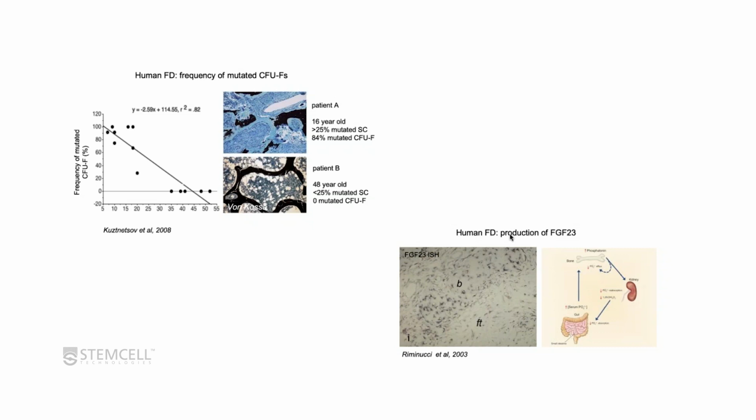For example, it was by studying skeletal stem cells and their progeny in fibrous dysplasia that we recognized for the first time that these cells produce the phosphaturic hormone fibroblast growth factor 23, which of course explains the hypomineralization of the FD bone, but it also reveals an endocrine function of our skeleton, the ability of our skeleton to regulate the mineralization of the bone matrix through the regulation of the activity of the kidney.